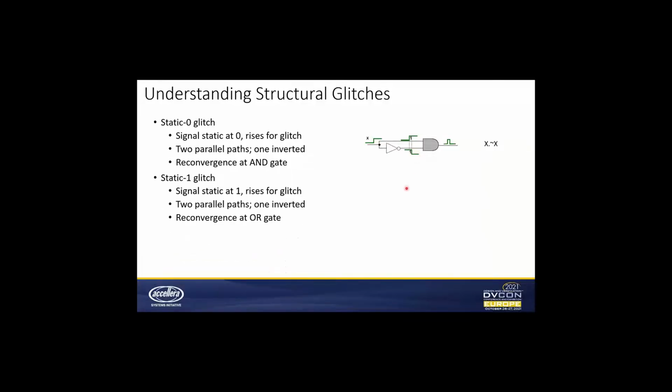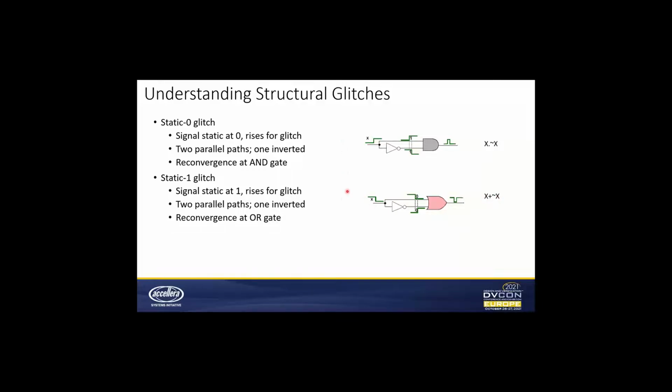Similarly, a static one glitch can be introduced by the convergence of two paths: the signal and the inversion of the signal at the OR gate, again X OR with not of X.